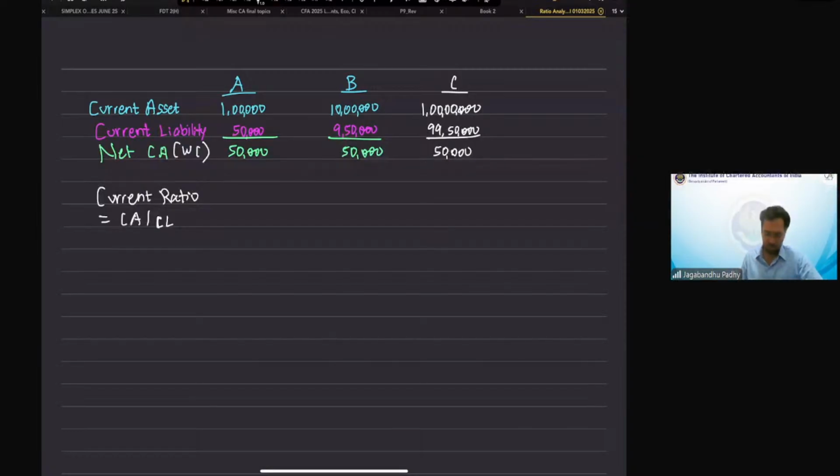When we compute, for company A the current ratio is 2. For company B, it is 1.05. And for company C, it is 1.005.